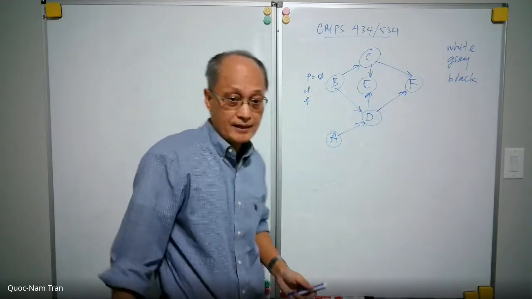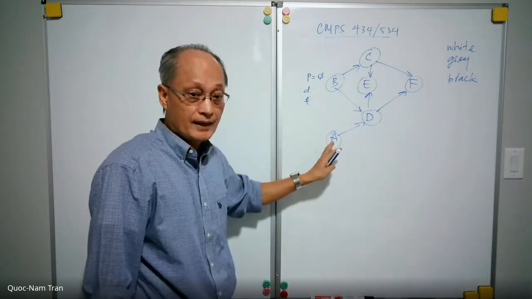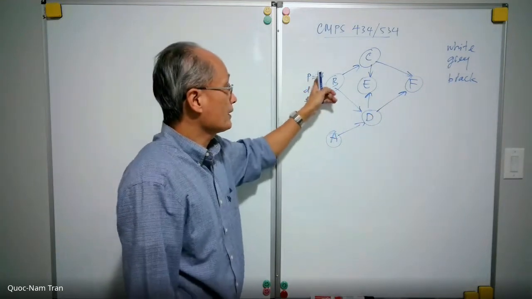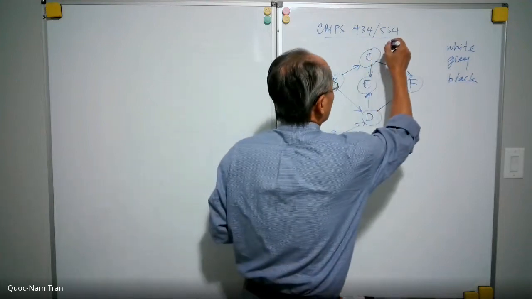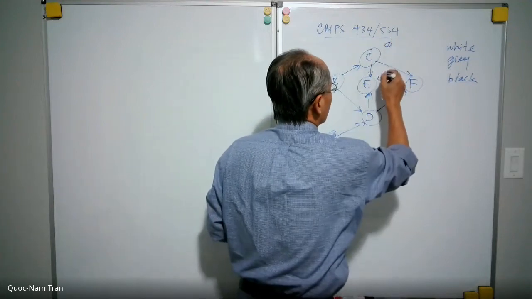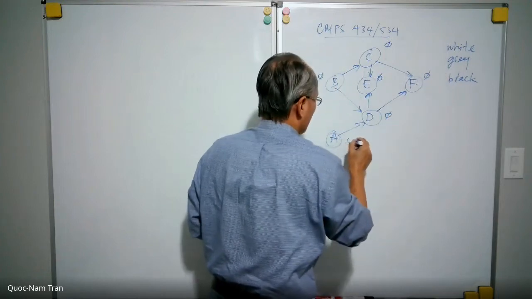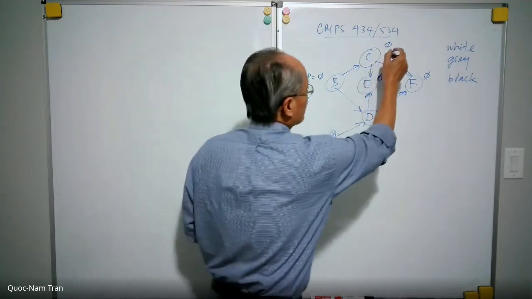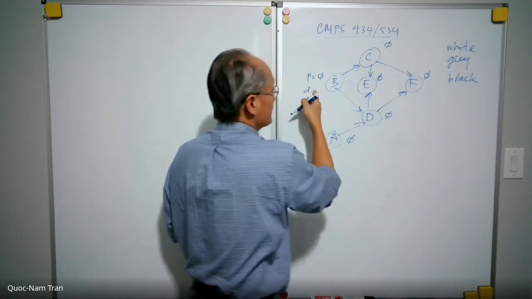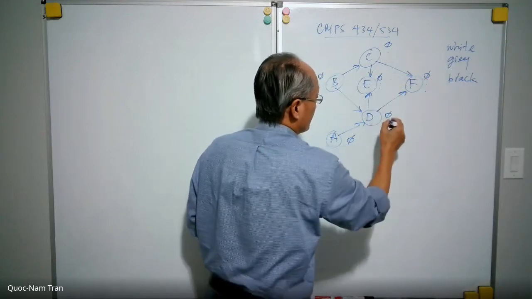So after we color all of the nodes white and set the parent of all of the nodes to none, right? I will write here. And then we have to fill out the discovery time and the finishing time for all of the nodes.